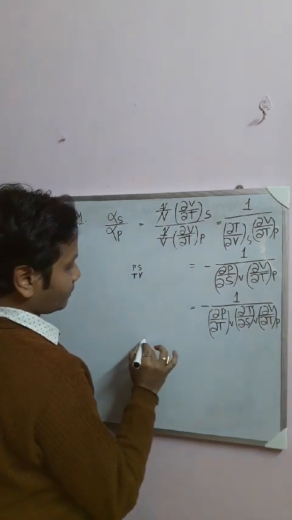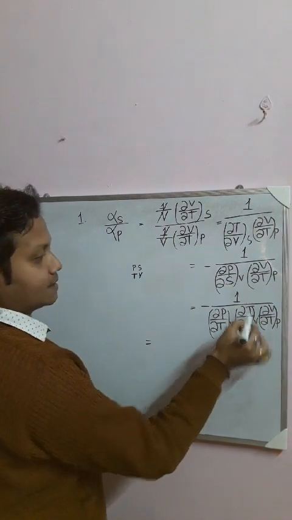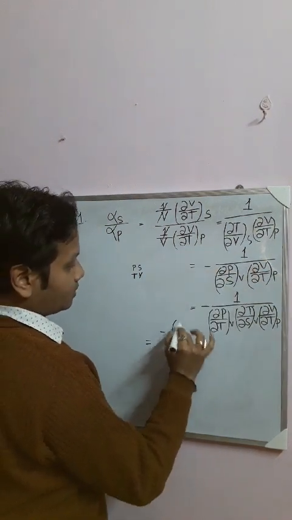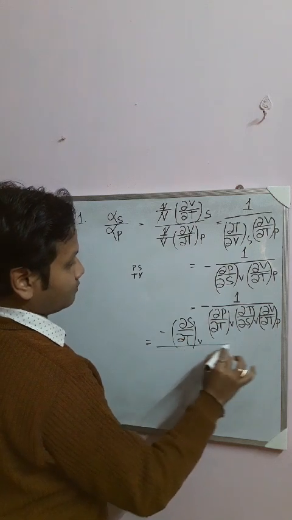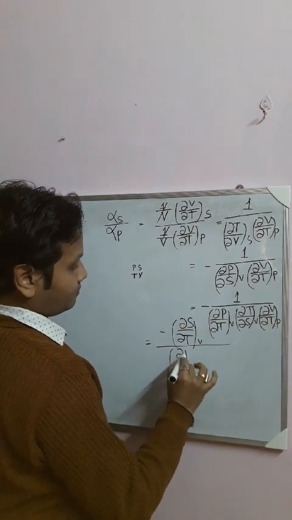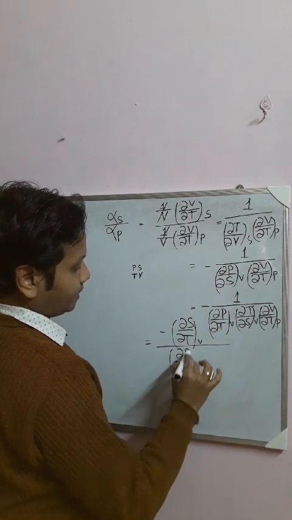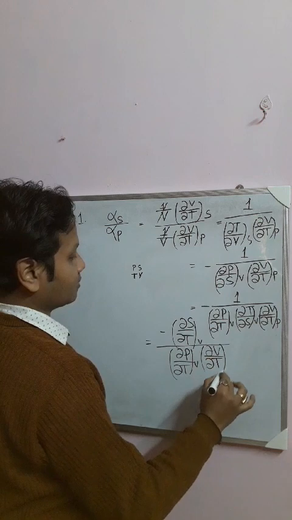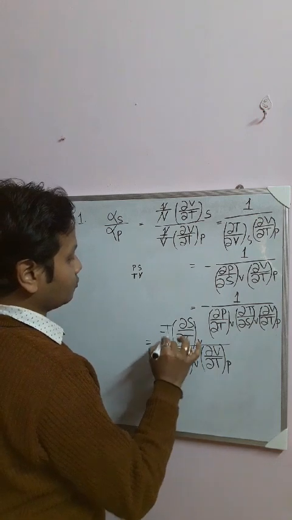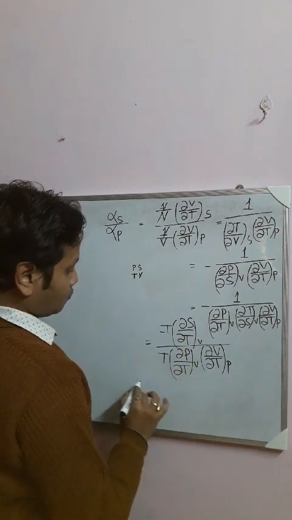Okay, fine. So we take this term to the numerator. So this becomes del S del T volume constant by, this is simply, del P del T volume constant into del V del T pressure constant. So we multiply both by T. So what we get?